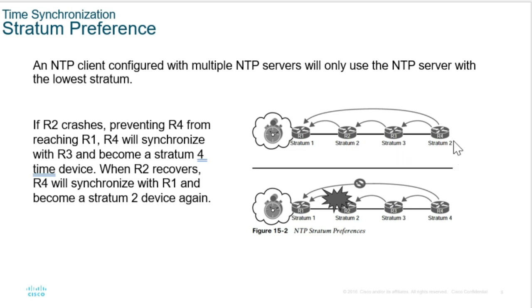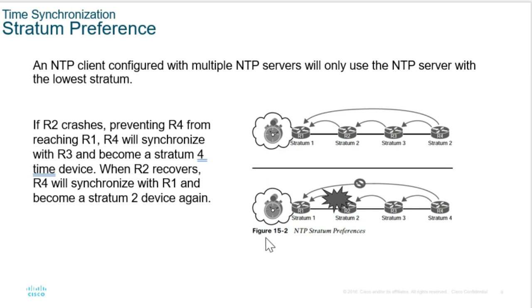However, router 4 has two NTP servers. When we have two NTP servers, it will refer first to the server with the lowest stratum, in this case, router 1. So the time synchronization is done with router 1's clock, which is directly referring to the atomic clock.